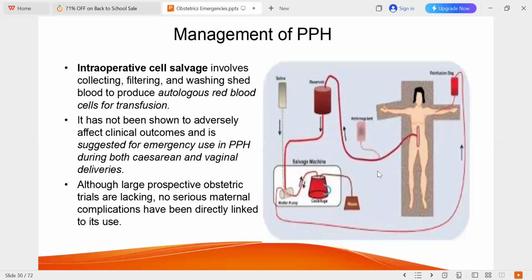The beauty of it is that it's autologous blood, so the risk of blood transfusion reactions and clerical errors are reduced. And it has not been shown to have any adverse effect on clinical outcome. Actually, I've been involved in many cases where we had to do this.